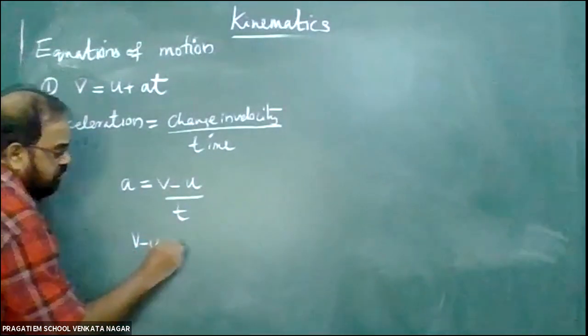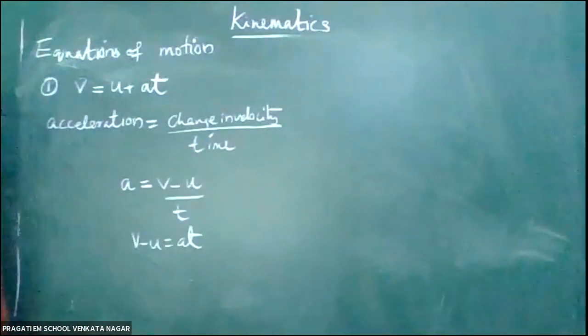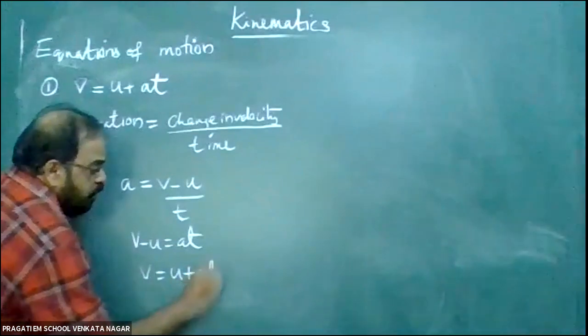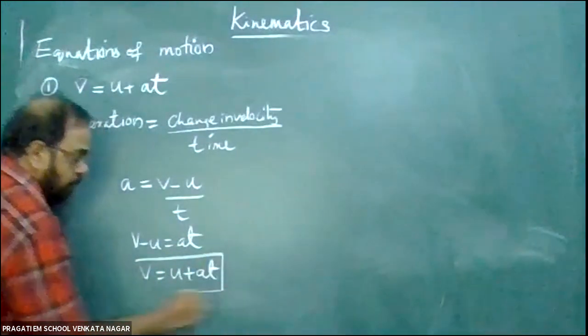v minus u is equal to at. We'll take minus u to the other side. v is equal to u plus at.